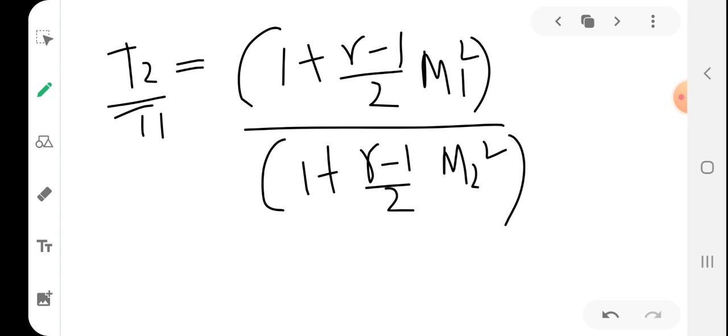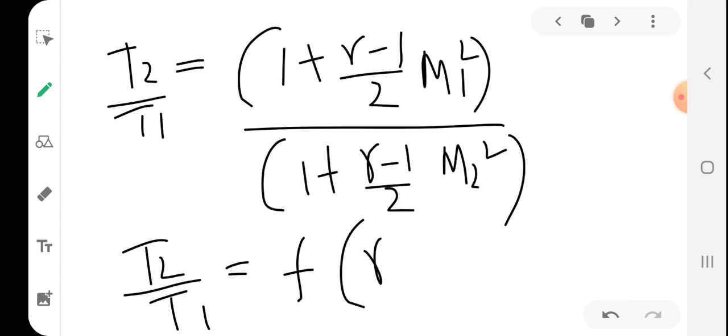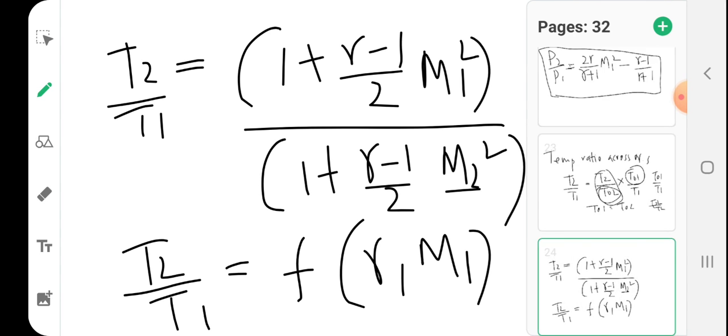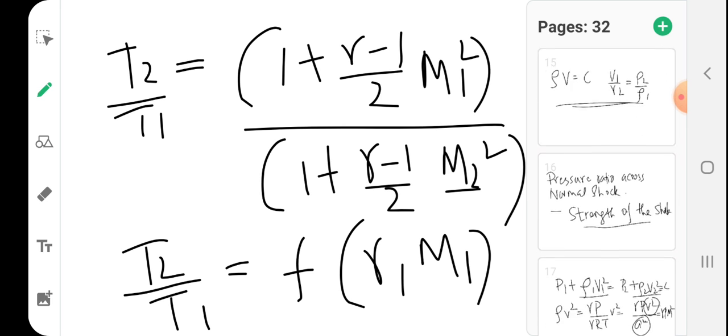So students, what should be done? You should be able to get T2 by T1 as a function of gamma and Mach number 1 only, so you have to remove M2. You just put the equation for M2 in terms of M1. That equation you already studied. Which equation?